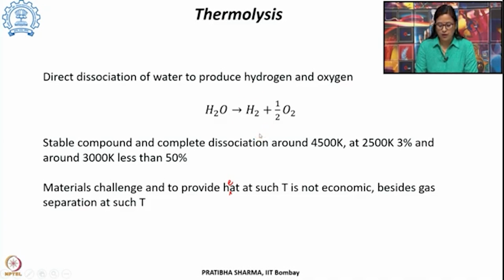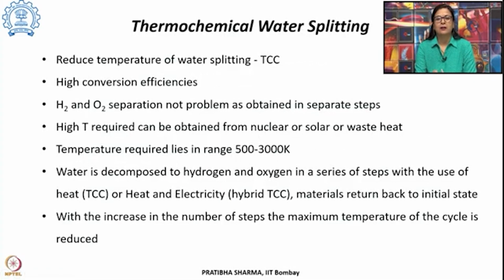Now what could be the alternate is thermochemical water splitting. What do we mean by thermochemical water splitting? In thermochemical water splitting, there occurs a multiple step reaction, a series of reactions wherein certain chemicals undergo a series of processes and are recycled back to their initial stage.